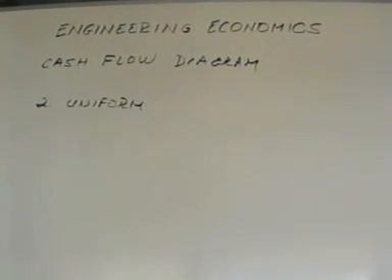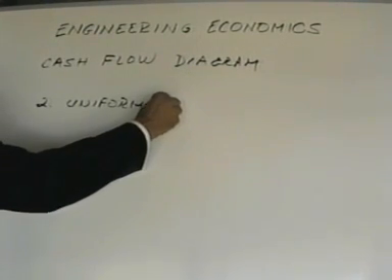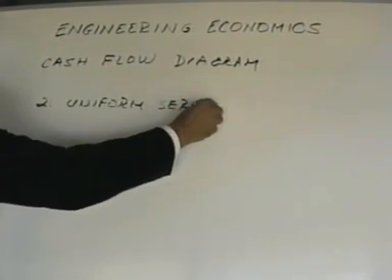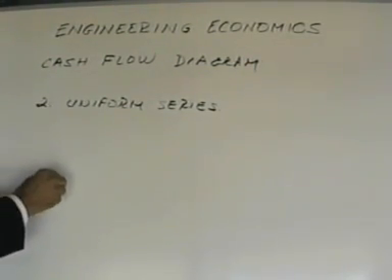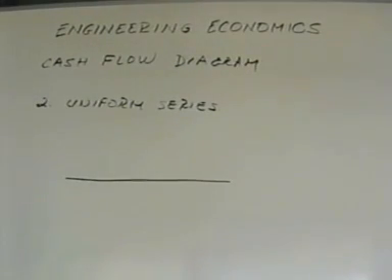The second type of cash flow is called a uniform series cash flow. And the cash flow diagram will look something like this. Here's the time axis.